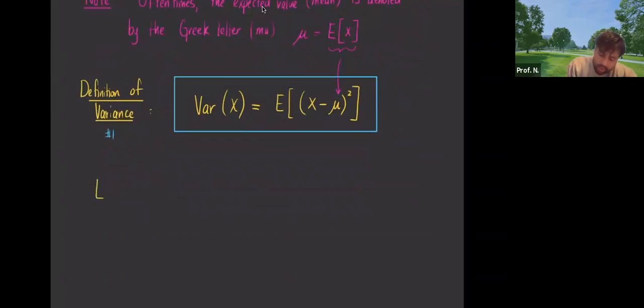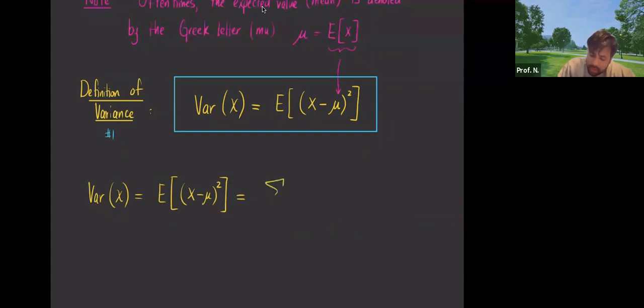If I call the variance of x the expected value, what does this mean? How can I define this using the definition of expected value?